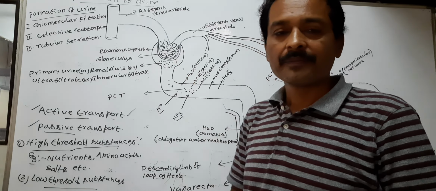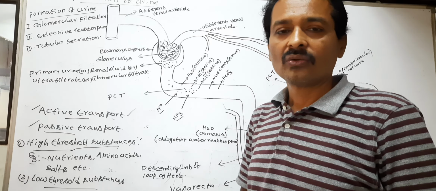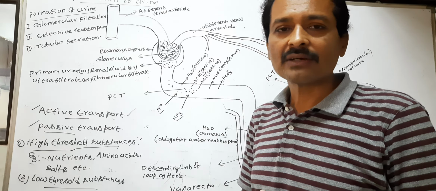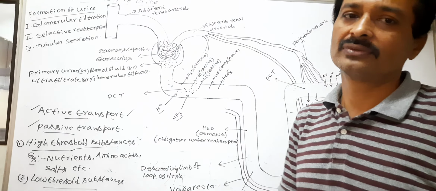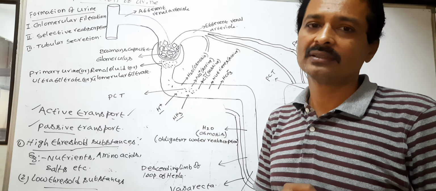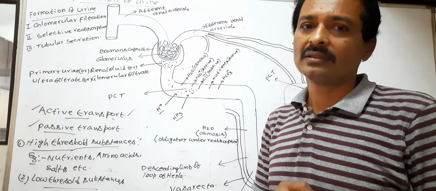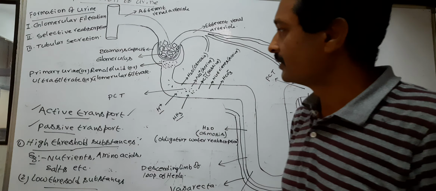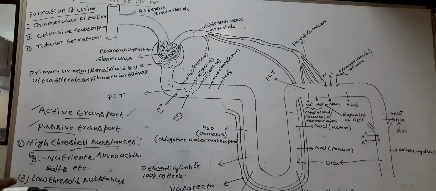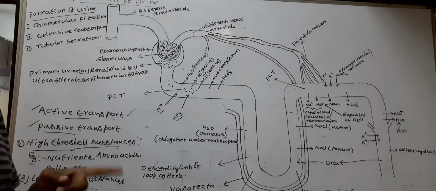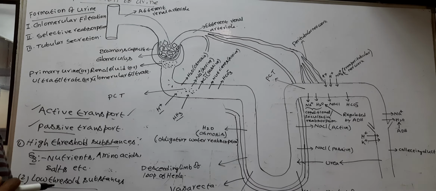Per day, both kidneys of a person form 180 liters of primary urine, but a healthy human being excretes only 1 to 1.5 liters of urine per day.